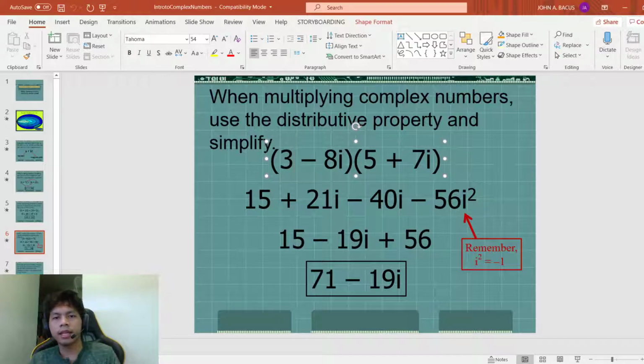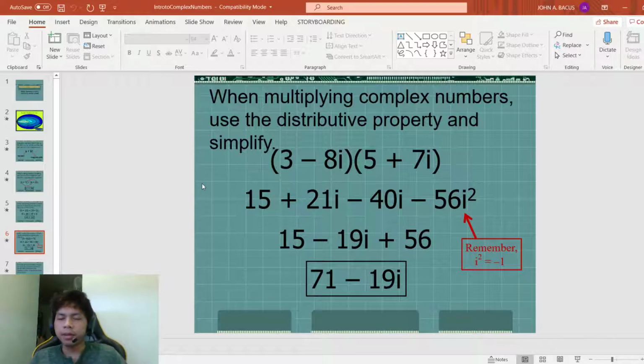Then 3 times 7i, that's plus 21i. Then negative 8i times 5, that's negative 40i. Then negative 8i times 7i, that's negative 56i squared.